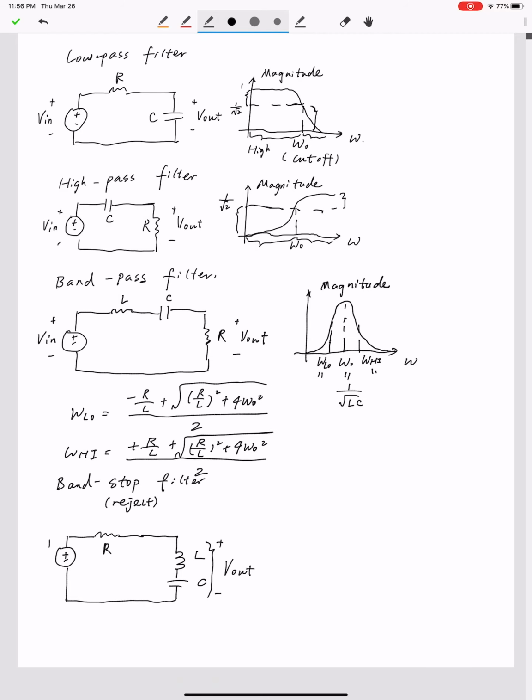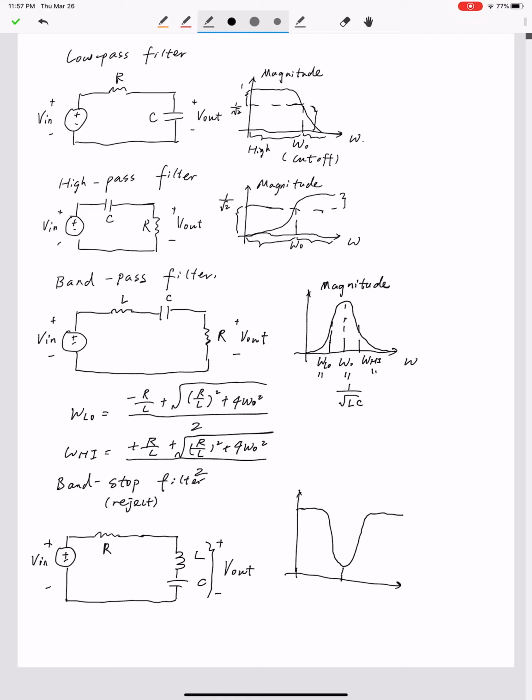The input signal is still defined as the voltage source. Okay, and the plot of the band reject or band stop filter is very similar to the band pass filter. You just need to flip the band pass filter, and the result is the band stop filter.